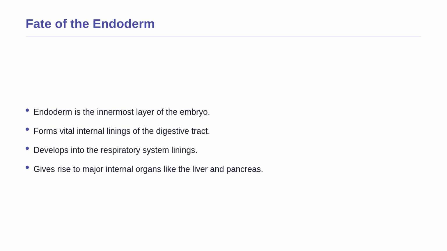It develops into the lining of the digestive tract and the respiratory system. Furthermore, the endoderm gives rise to major, highly specialized internal organs, most notably the liver and the pancreas. By understanding these 3 layers, we can trace the origin of any tissue back to its specific starting point during early embryonic development.